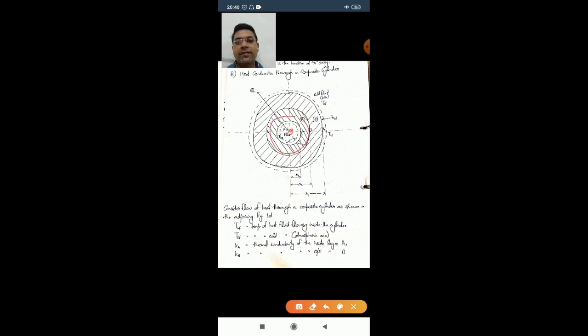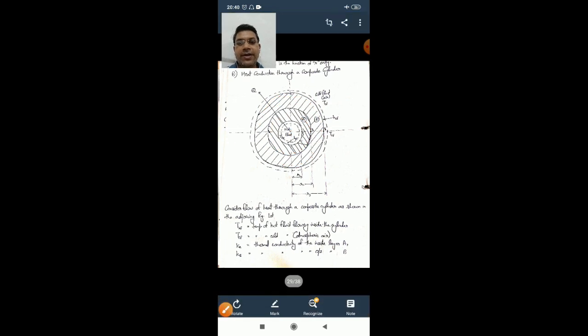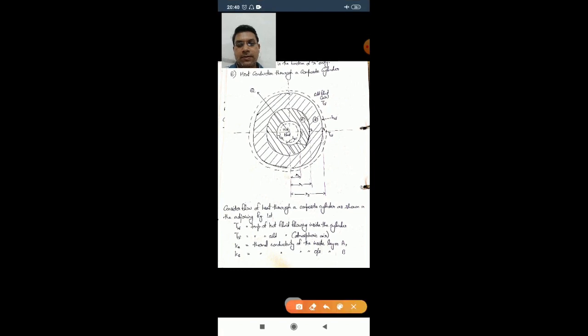A is one tube, B is another tube, whose radii are R1, this is the R1 radius, this is R2 radius, and this is R3 radius.